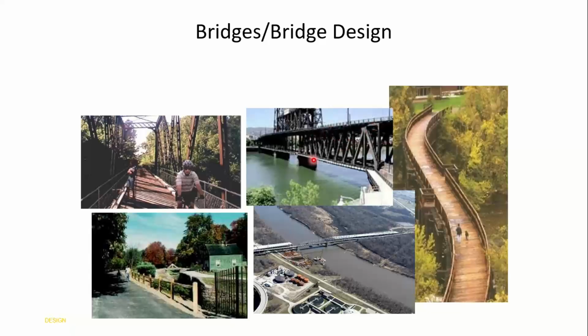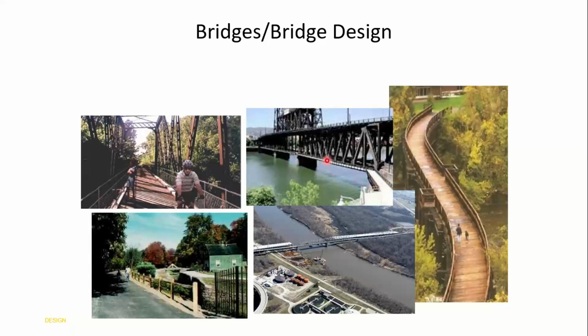The bridge was already multimodal. This level here accommodates mainline railroad traffic. The upper level accommodates motor vehicles, also their light rail transit system, and also, I guess, pedestrians. But they added, you can see attached to it, a multi-use trail structure which connects their riverfront trail system.